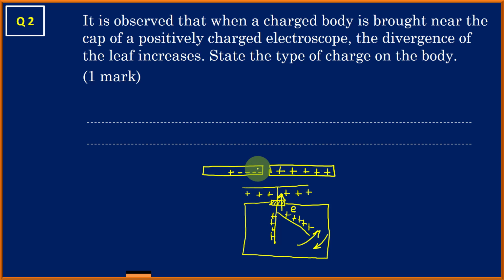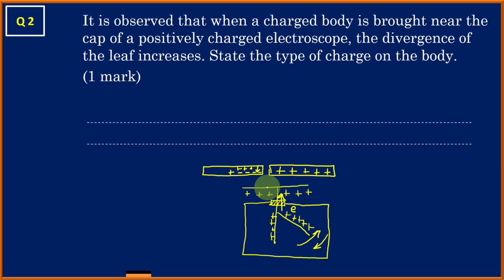So electrons are going to rearrange themselves in this body such that electrons will migrate this way, leaving the positive charges on the other side of this conductor. This negative charge here is going to repel electrons from here, and that is why they move downwards, causing a decrease here.